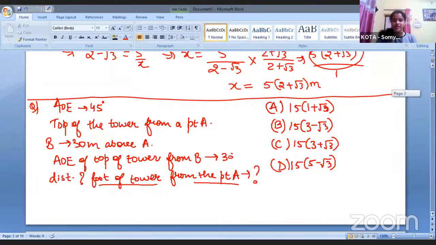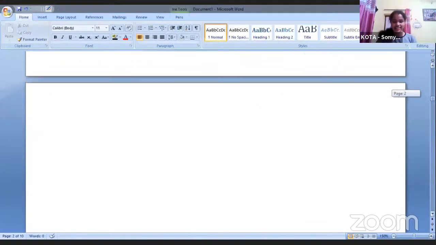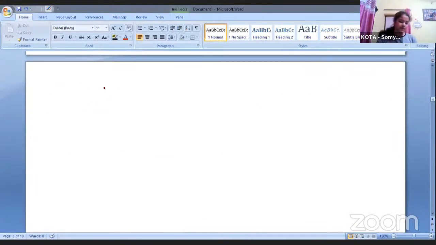Well, let us see whether the answer is C or not. Figure: angle of elevation of the top of the vertical tower. First of all, definitely there has to be a ground.